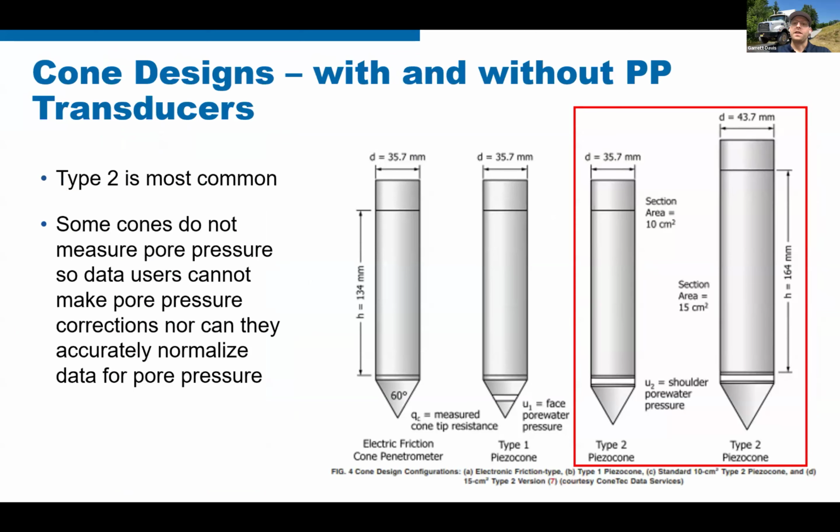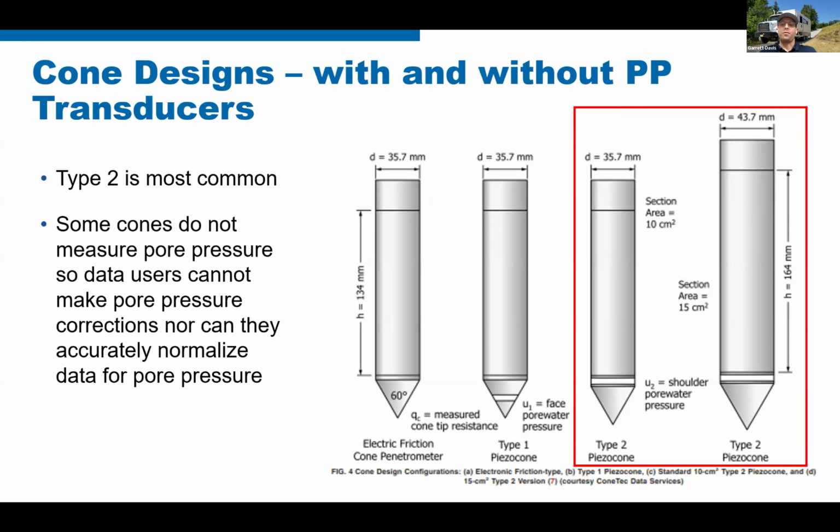There's various types and sizes of cone penetrometers with various sensitivities. The CPT cone can come with or without pore pressure transducers. All of ConeTec's cone penetrometers are type 2 and use a pore pressure transducer in the U2 position or shoulder position, as we said, directly behind the tip before the friction sleeve.